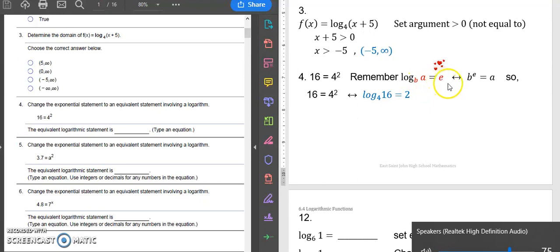When you write it as an exponential, the base is the base, your exponent is the exponent, and your argument is your answer. So B to the E equals A. Going from 16 equals 4 squared, we rewrite that as a logarithm: log base 4 of 16 equals 2. And it's just that simple transformation.